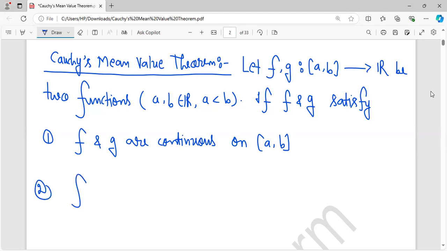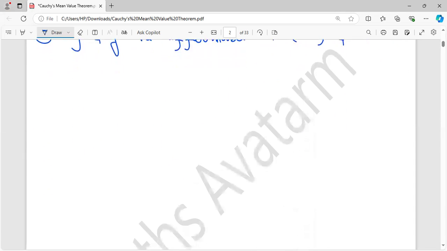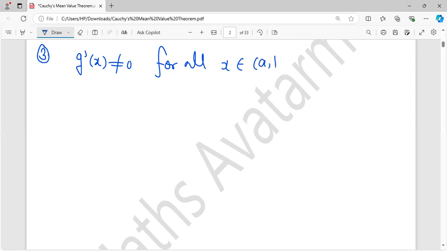Second, f and g are differentiable on the open interval (a, b). And the third condition is that the derivative of g is not equal to 0 for all x belonging to the open interval (a, b).